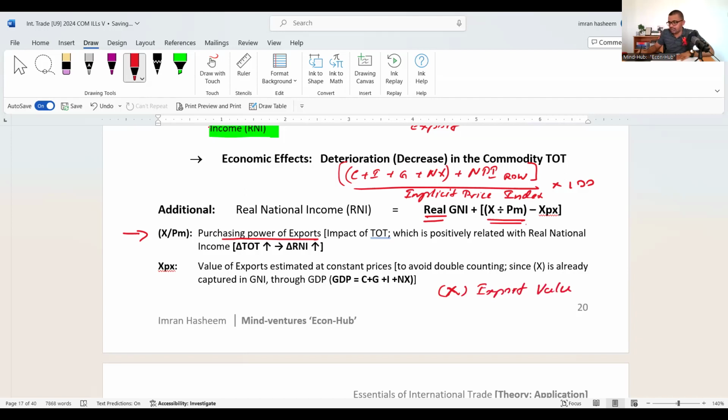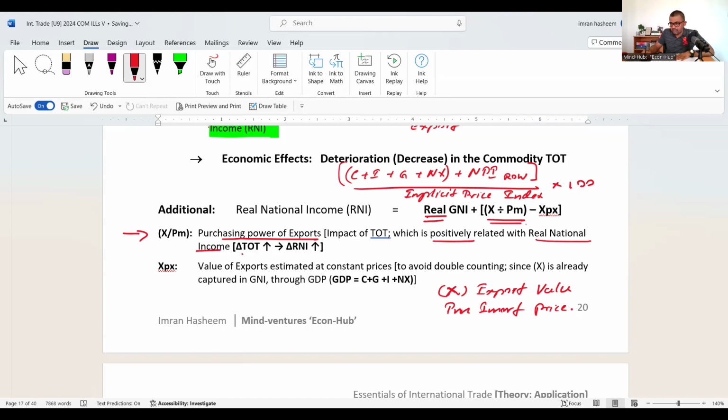Then what is PM? Import price index, or import prices. It's actually the import price index. By doing this, you're calculating the purchasing power of exports. Another way to say that is the impact of terms of trade, which is positively related with the real national income. That's easy.